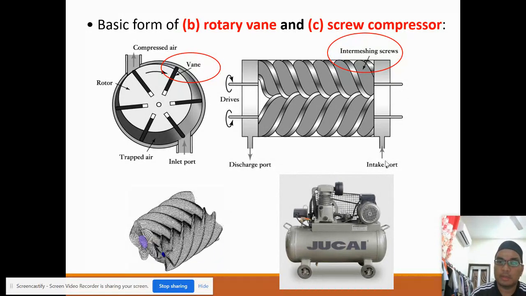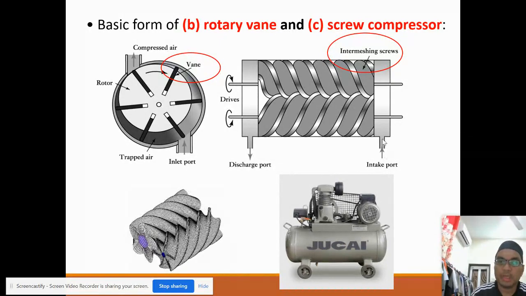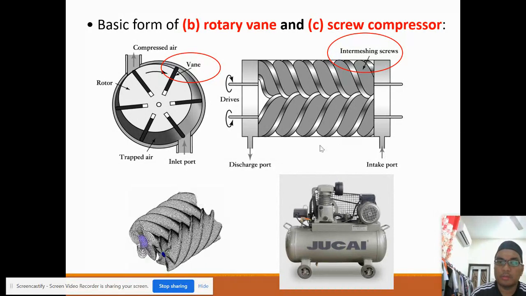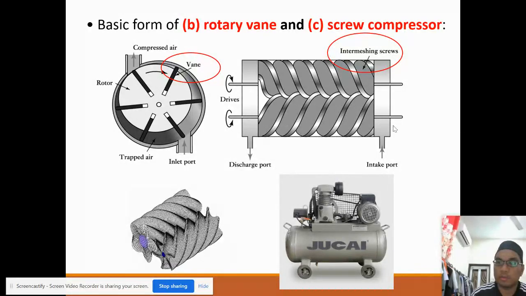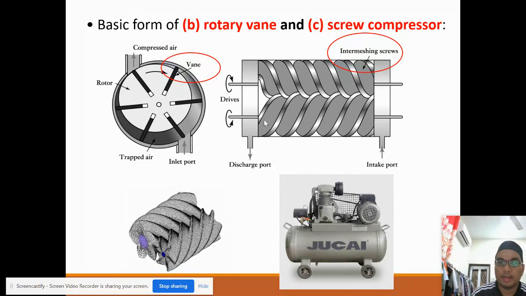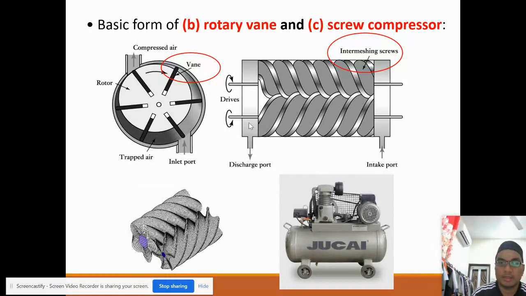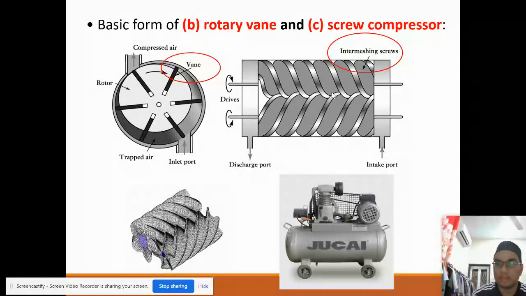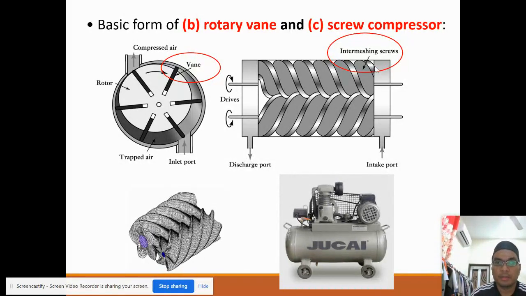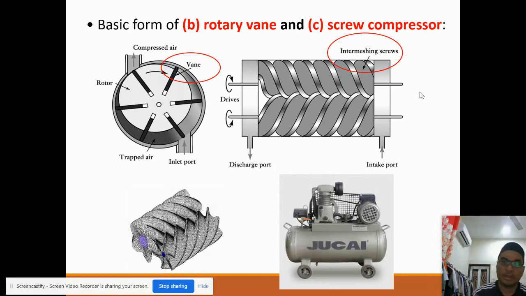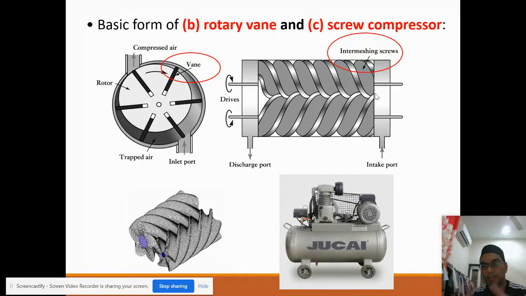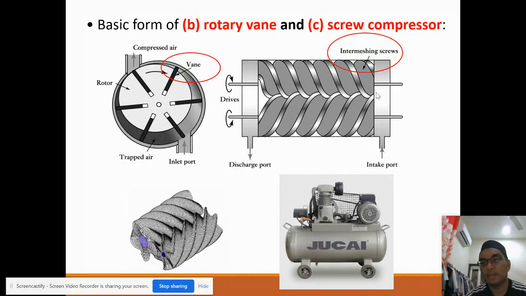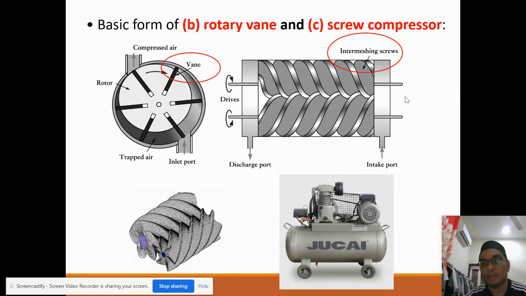The intake port takes in air, and it moves towards this small space as compressed air and discharges at the discharge port. It has a cylindrical drive in rotating motion. From this side view, we can see two gears moving together like in hydraulics.